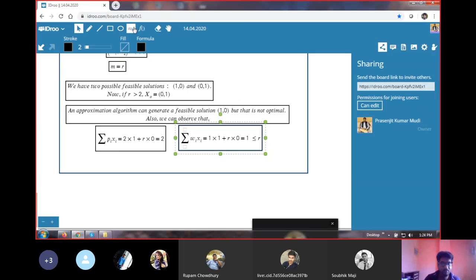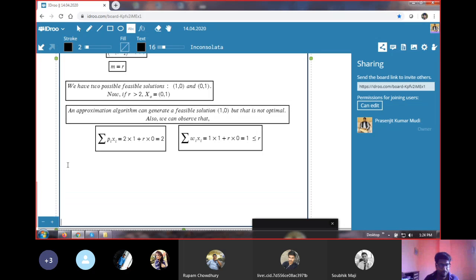So now from here, next what we can conclude is what kind of approximation algorithm this is: absolute, fractional absolute, or epsilon approximation? Let's study that. For that purpose, our exact solution is, in this case, the optimal solution 0, 1.